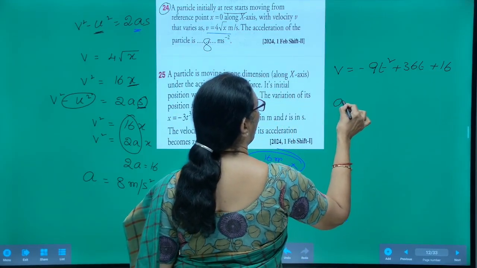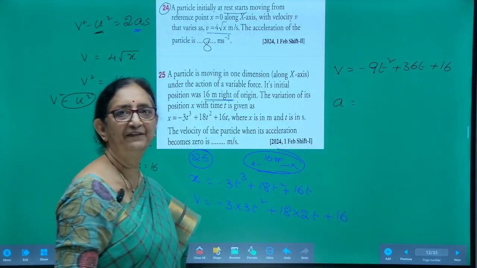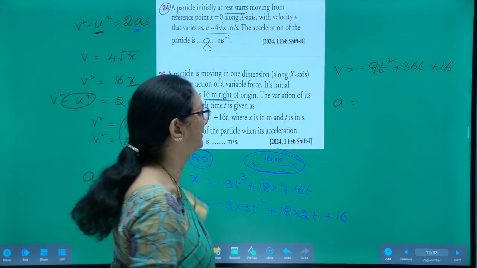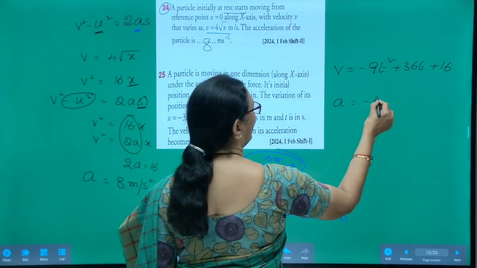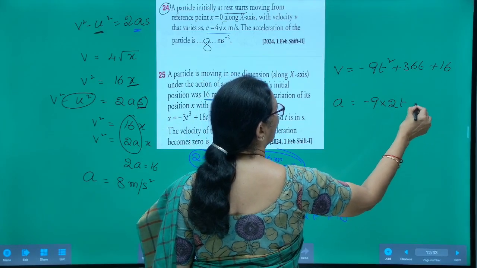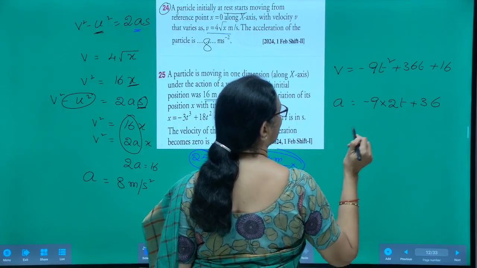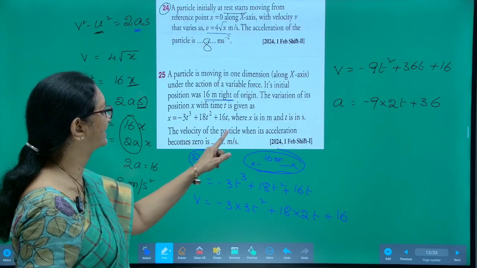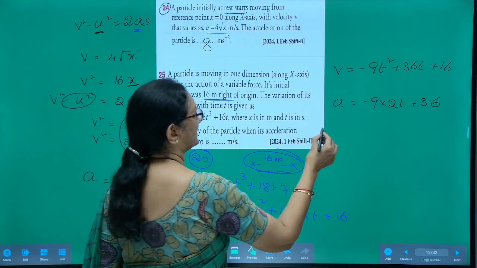By differentiating velocity with respect to time, we get acceleration. So minus 9 times the derivative of t square, which is 2t, gives minus 18t plus 36. What is asked in the problem? Find its velocity when its acceleration is 0.